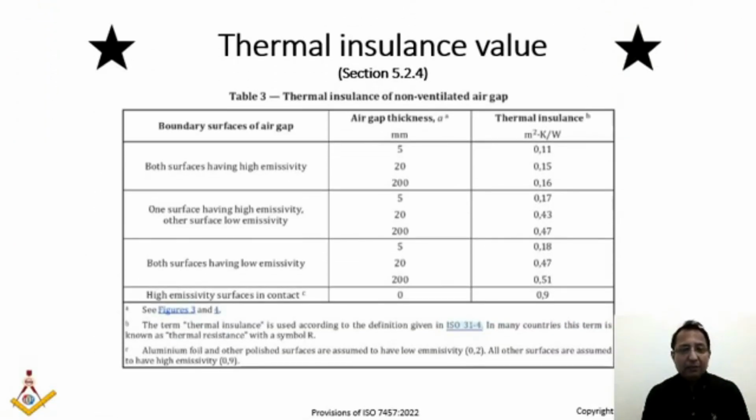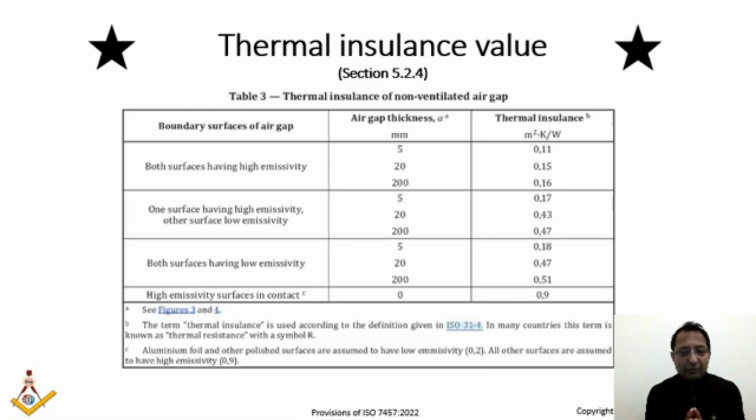Again, this is one of the tables from ISO 7547 for thermal insulance values. It talks about the air gaps and the thermal insulance of each case, that is, the boundary surfaces of air gaps. It gives the value for the air gap thickness. Suppose the air gap thickness is 5 mm, the thermal insulance value is this much. Whatever the air gap is, based on that you can arrive at the values.